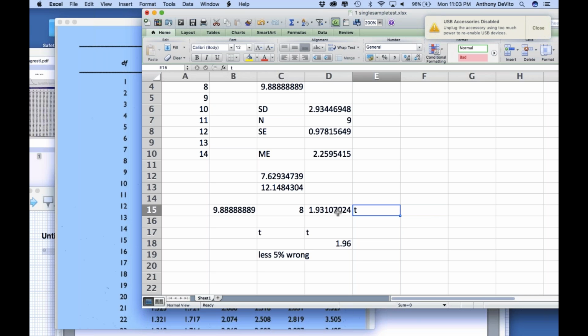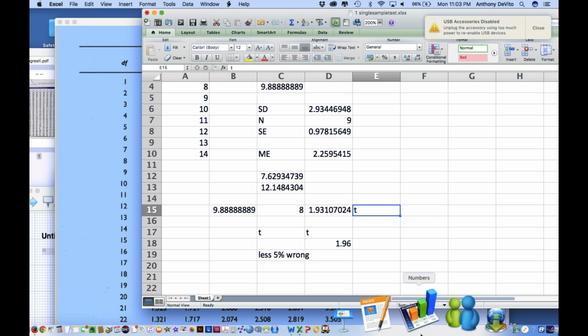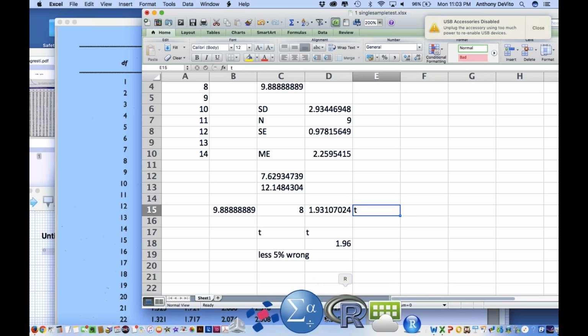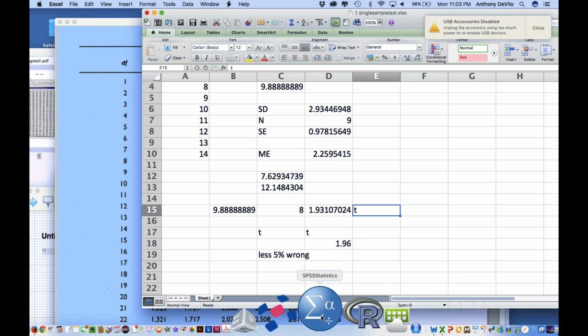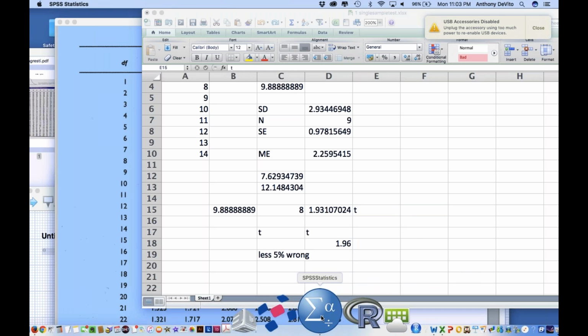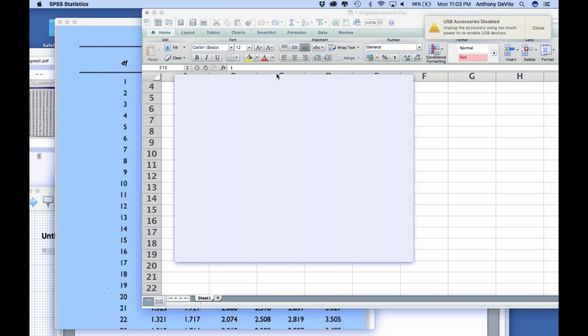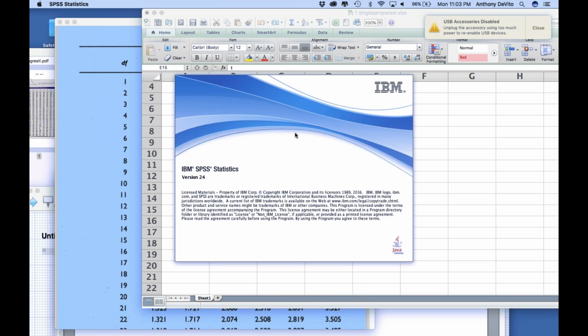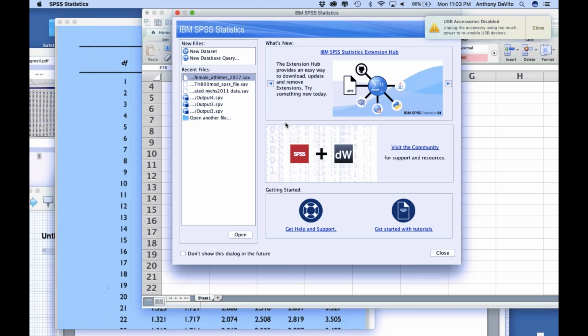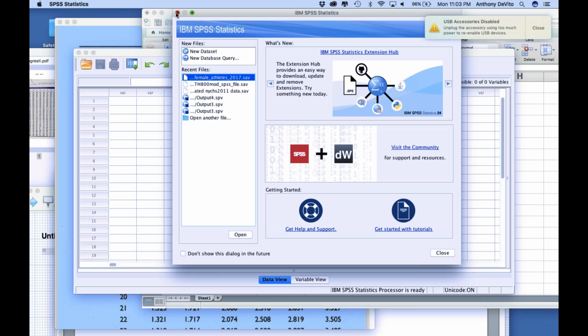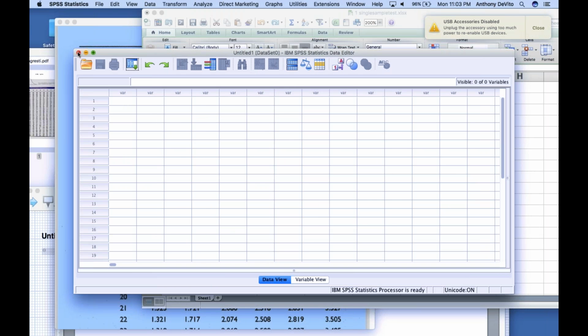Okay, now I could actually do this in SPSS. In fact, I have a file which represents this in SPSS. Let me open it up. Boy, I am keeping you guys up late.